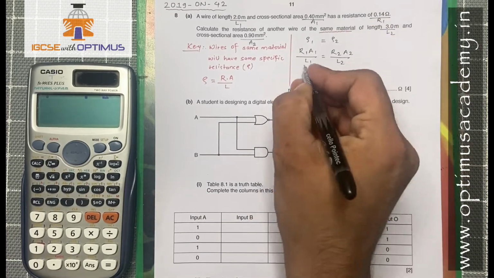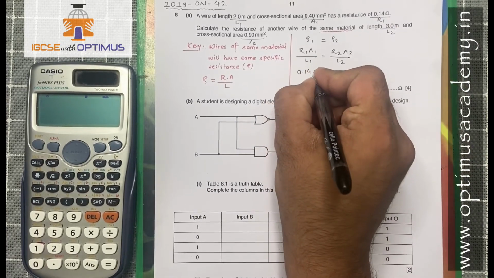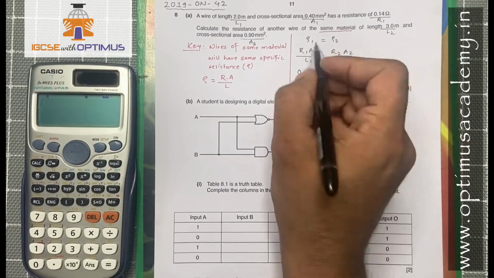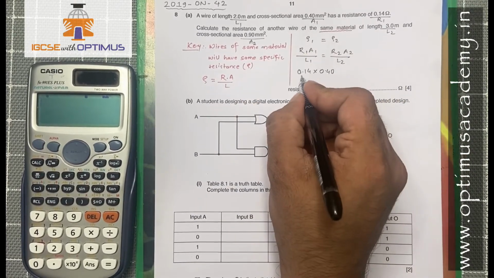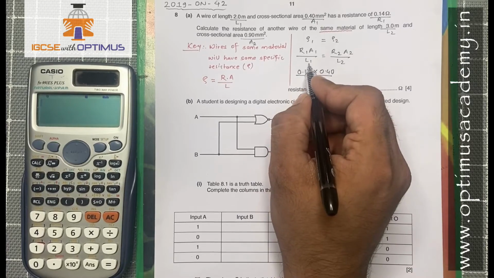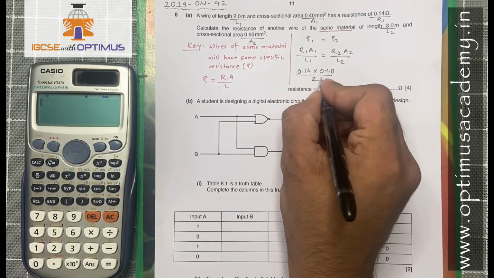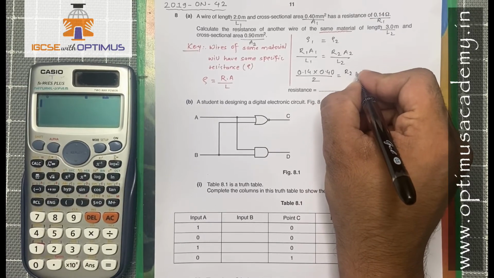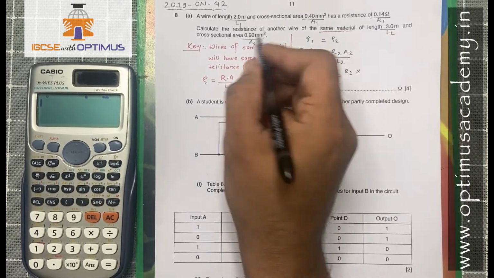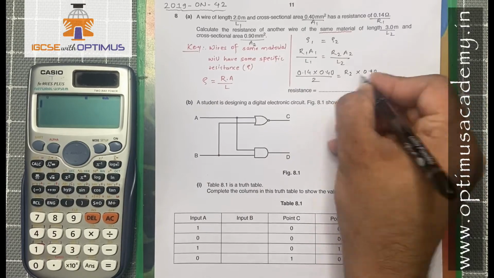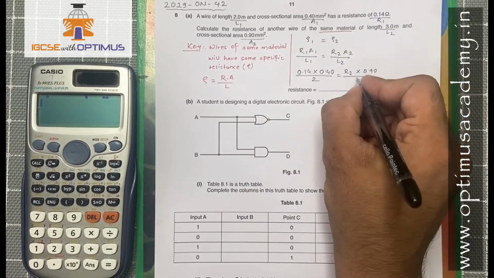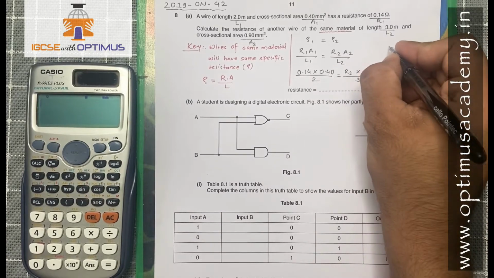While by substituting the values, we can write for R1 0.14, for A1 we can write 0.40. Since millimeter square will get cancelled, we don't need to convert it. Divide by L1, L1 is 2 meter, is equal to R2 is what we have to find out, into A2 is 0.90 divided by L2, L2 is 3 meter.